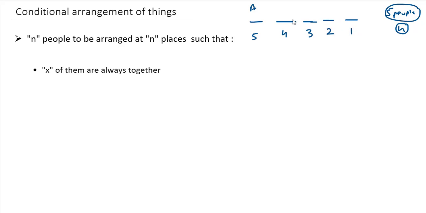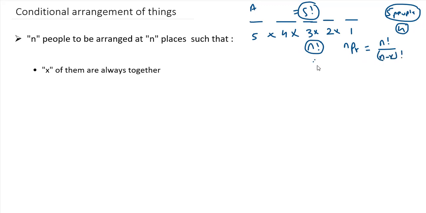So if you want to arrange 5 people in 5 places, it can be done in 5 into 4 into 3 into 2 into 1 ways, which is nothing but 5 factorial. So if you want to arrange n people in n places, it can be done in n factorial ways, which we can also arrive at using the formula for permutation, which is nPr equal to n factorial upon n minus r factorial.